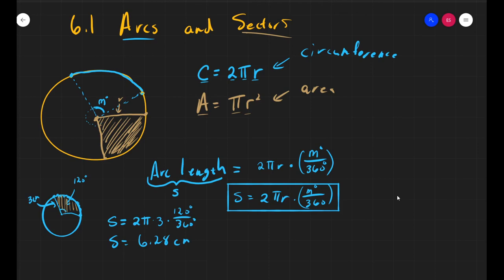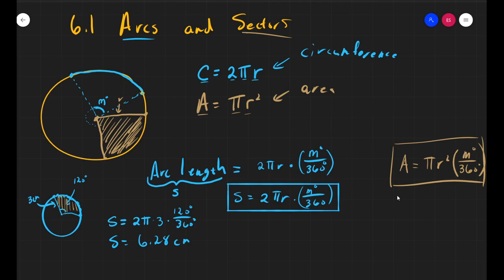So if we take our area, that's going to be equal to pi r squared, but now that we're only finding a part of the circle, again, we need to do that same fraction thing that we did for arc length. So we're going to take m degrees divided by 360 degrees. All right, and this is our formula for the area of a sector.